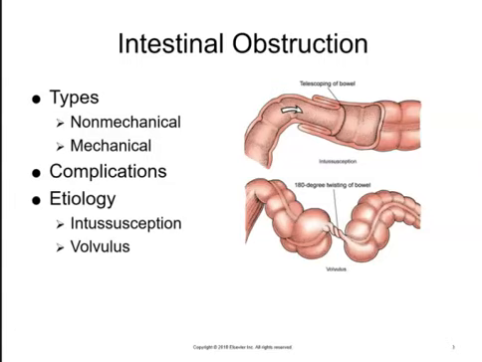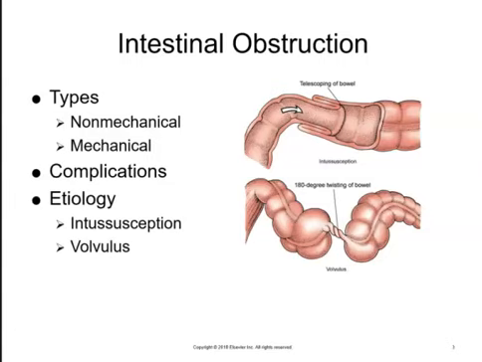Obstructions at the end of the small intestine are going to cause a loss of alkaline fluids, and this is going to result in metabolic acidosis. If there is a strangulated bowel, the risk of perforation is going to be increased. Perforation is going to lead to peritonitis that can result in septic shock.